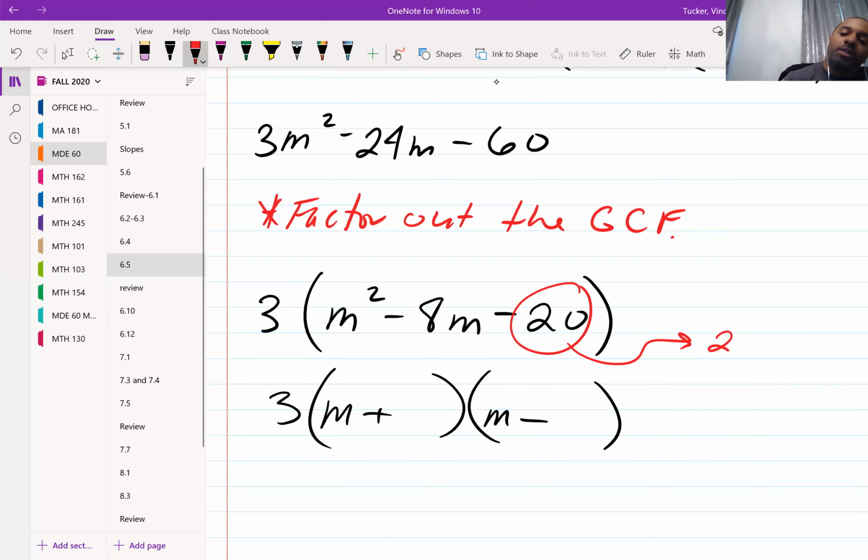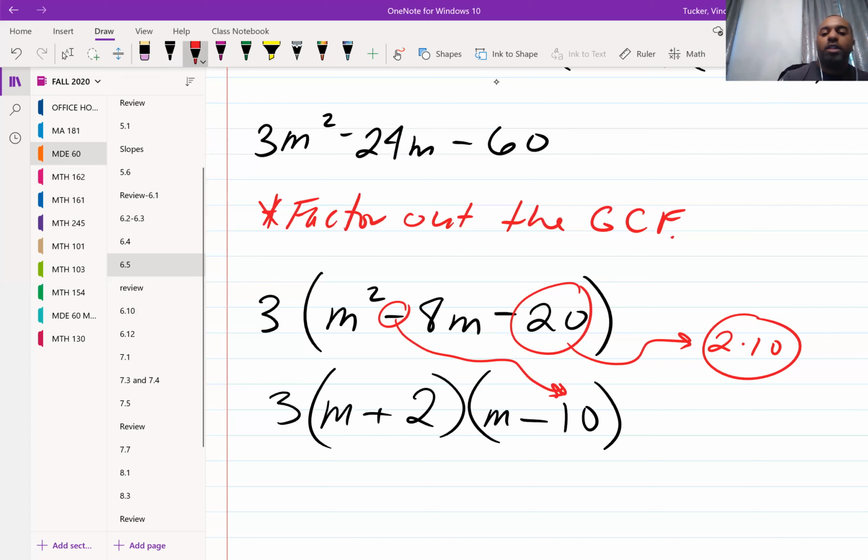And that would be 2 times 10. And the 2 is going to be positive, and the 10 should be negative. And that comes from right here. Remember, the greater is supposed to take on that sign. That's your factorization.